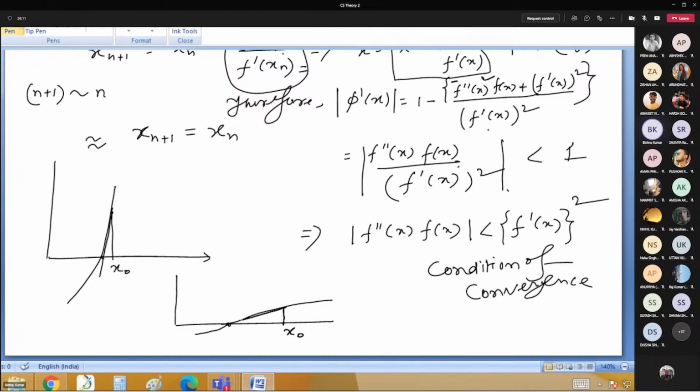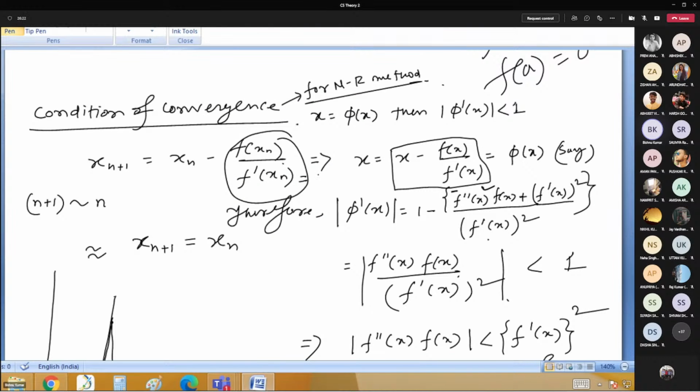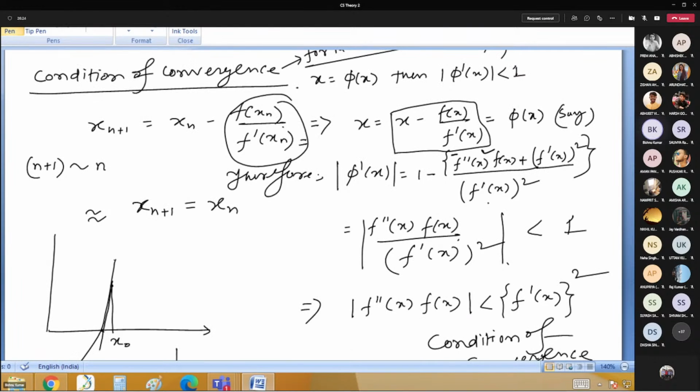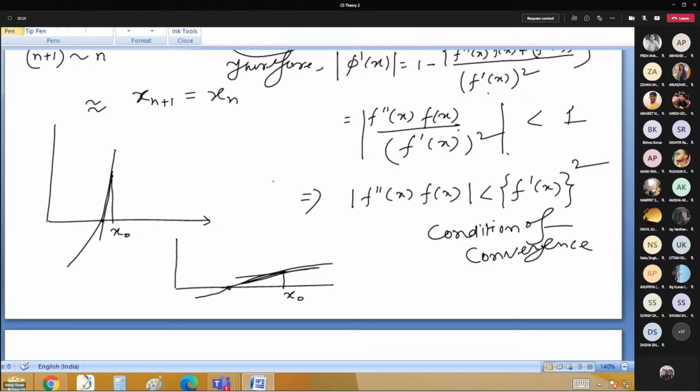Suppose the tangent is parallel to the x-axis, so it is not cutting the x-axis. Then this method is not applicable. If near the root your graph looks horizontal, then the method is laborious and will take lots of iterations. And if near the root your graph is vertical, then it will converge quickly.